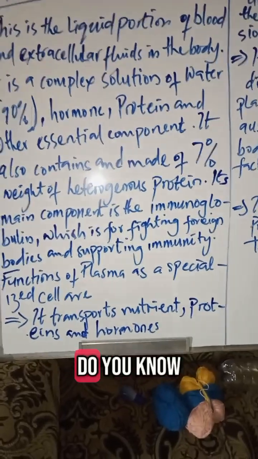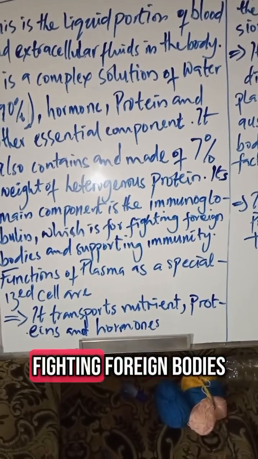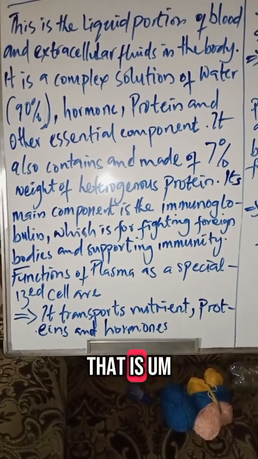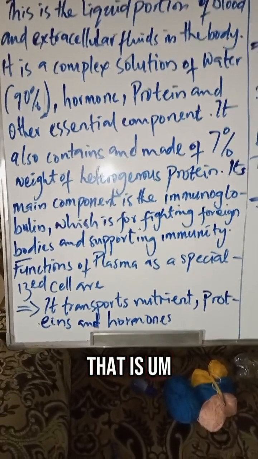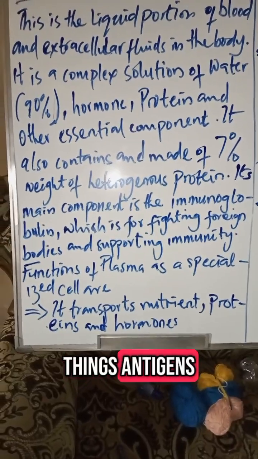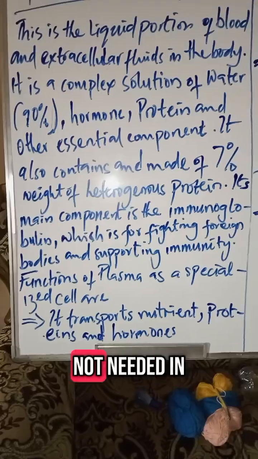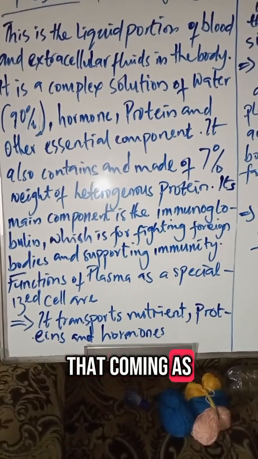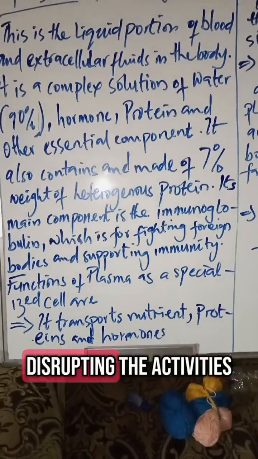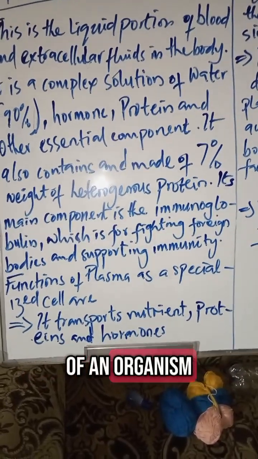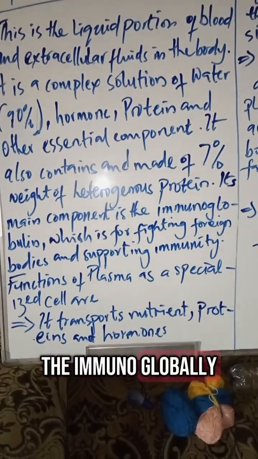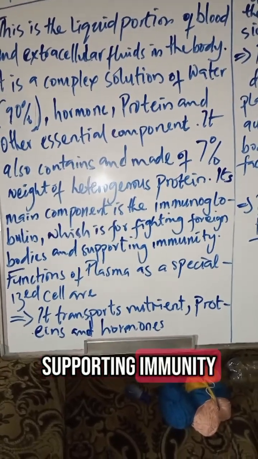What does it do? The immunoglobulin helps in fighting foreign bodies, that is, antigens, things that are not needed in the system that come in as foreigners and disrupt the activities of the system of an organism. The immunoglobulin is for fighting foreign bodies and supporting immunity.